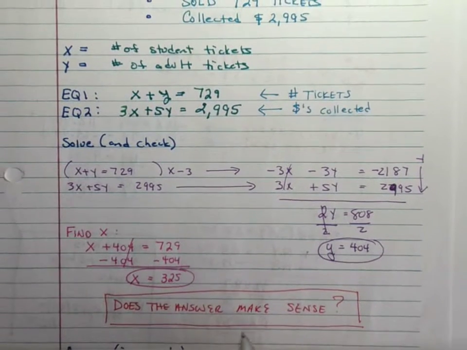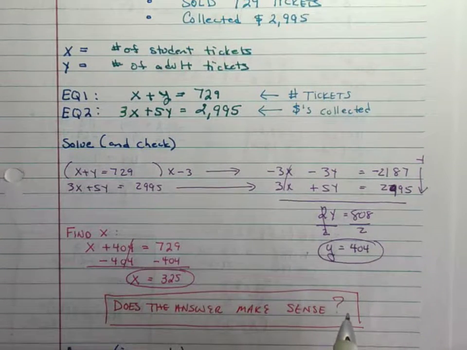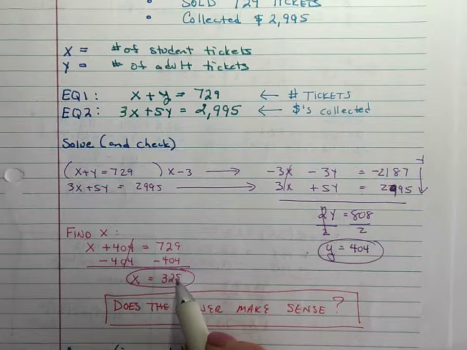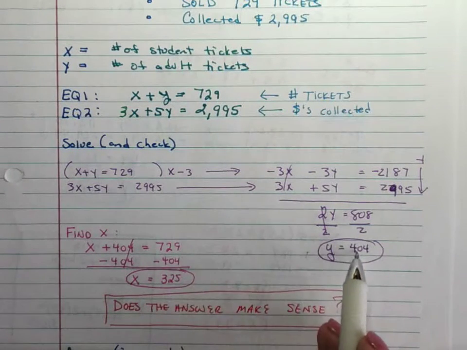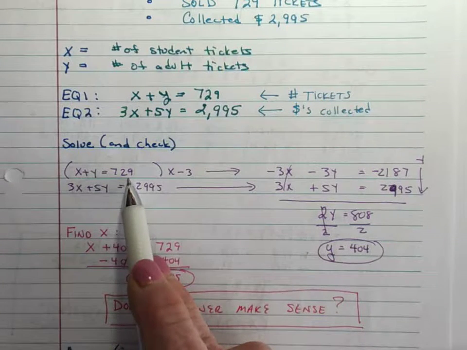And you always ask yourself, does the answer make sense? Does it make sense that 325 student tickets were sold and 404 adult tickets? Well, if I take these two numbers and add them, I get 729.